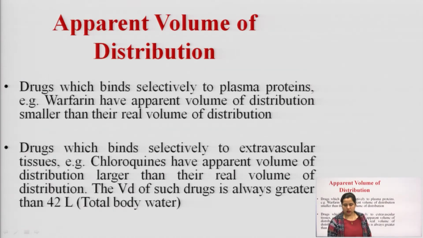In that case the apparent volume of distribution is larger than the real volume of distribution. So, it is always greater than the 42 liter total body water.